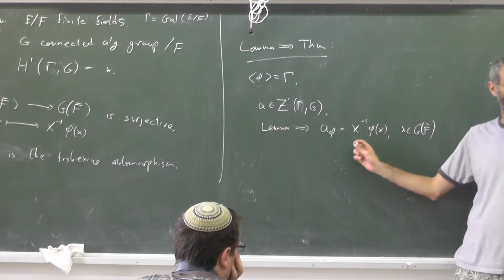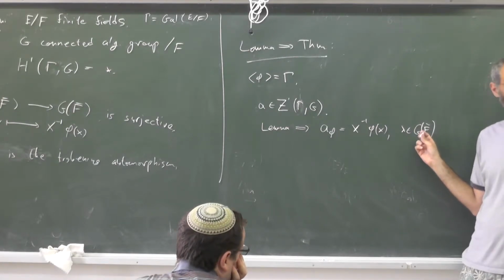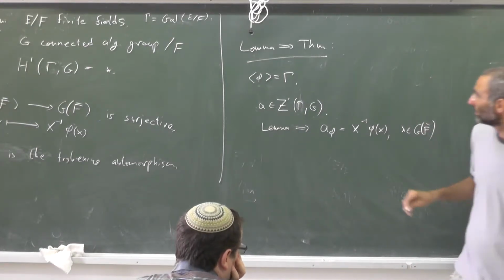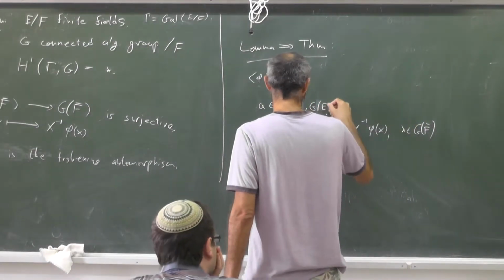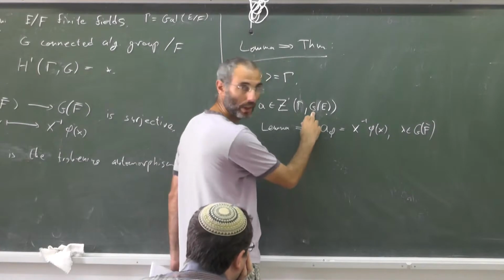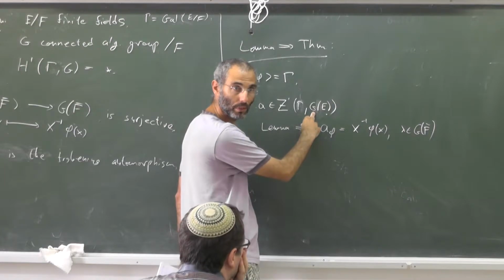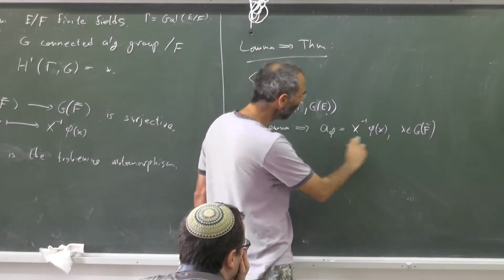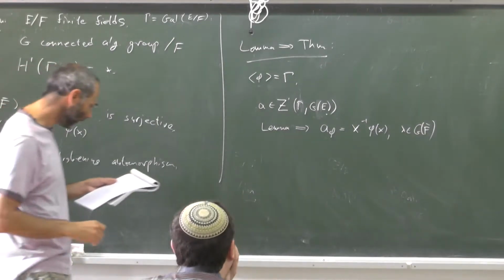So actually, if I had this with x in E, I would be done, because a priori a phi takes values in G(E). If I view it over F bar, I could view it as a coboundary. This is what Lang's lemma tells us.